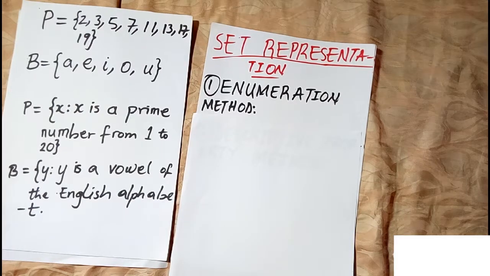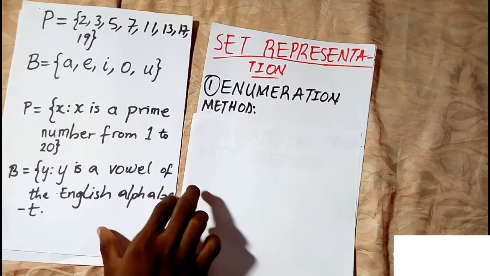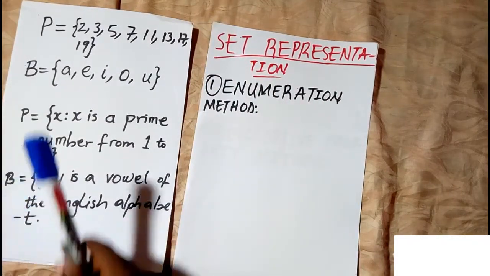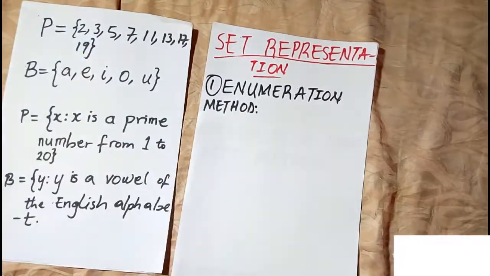There are two methods of representation of sets. The first one is the enumeration method. Like in our example here, we have P and we have B. In this first set, you have enumerated them. It's about listing the elements, the members of that set.